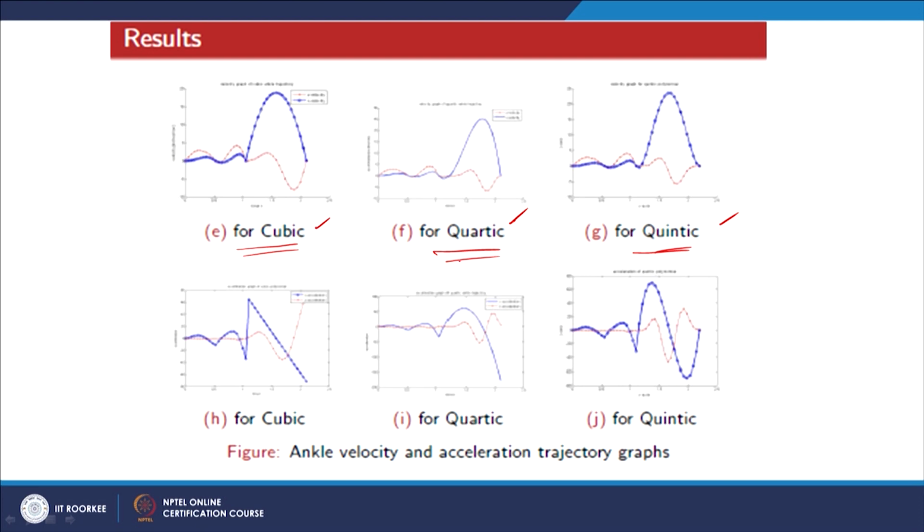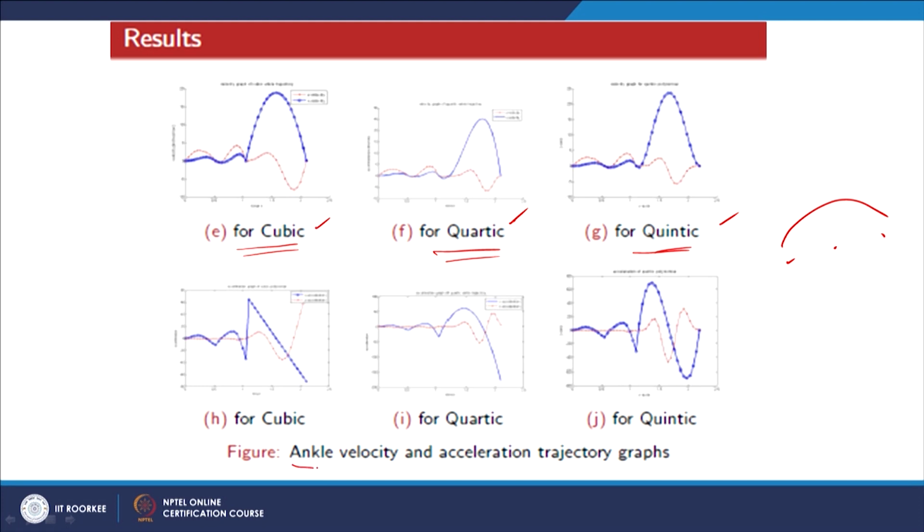So, for various initial, boundary and middle conditions, we have various types of polynomial for the ankle trajectory to move from initial to final. For different trajectories, we plot these graphs as shown in this picture.